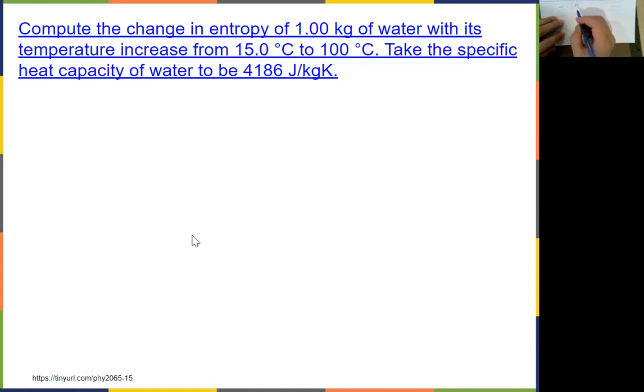You will go from 15 degrees Celsius to 100 degrees Celsius. But when you do that, you want to put the SI unit here. So 15 degrees means 15 plus 273.15, and then on the top here should be 100 plus that.